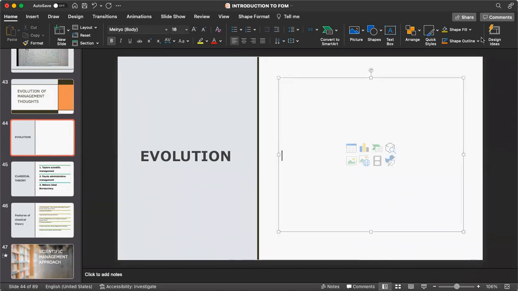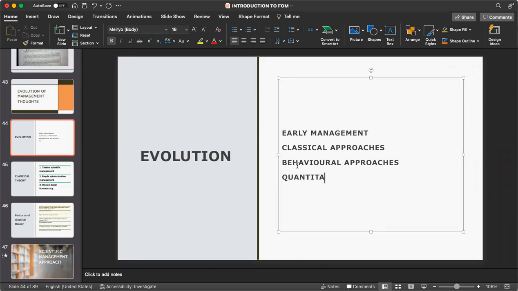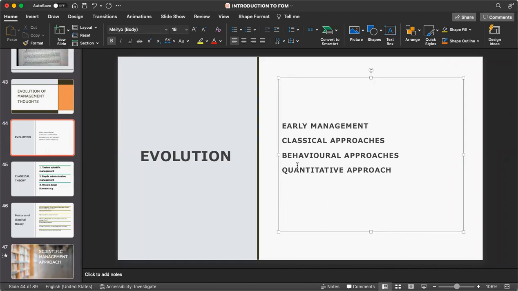Evolution consists of five major categories: first, early management; second, the classical approach; third, the behavioral approach; then the quantitative approach; and the last one, the contemporary approach.